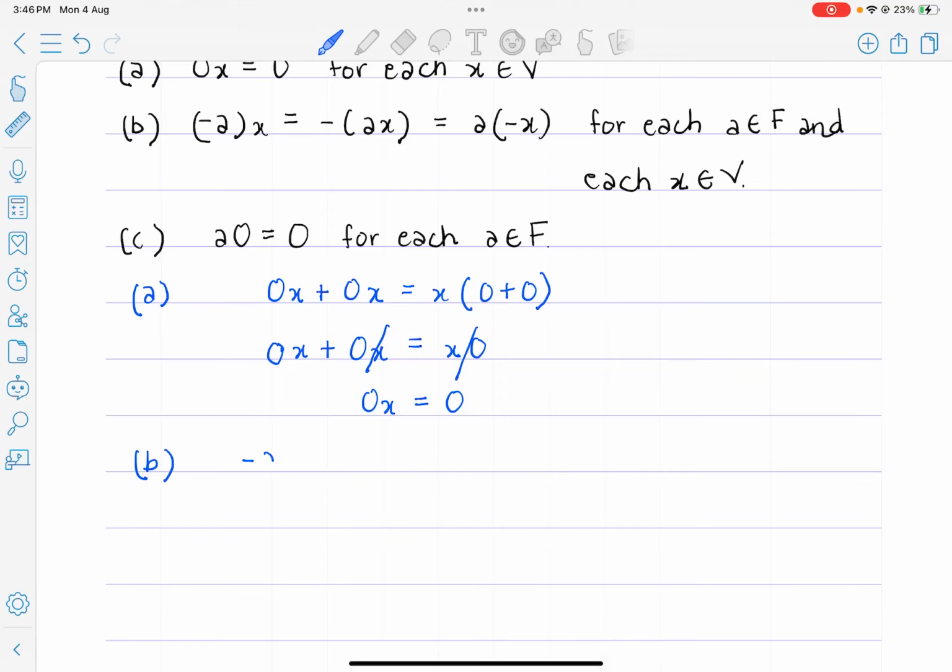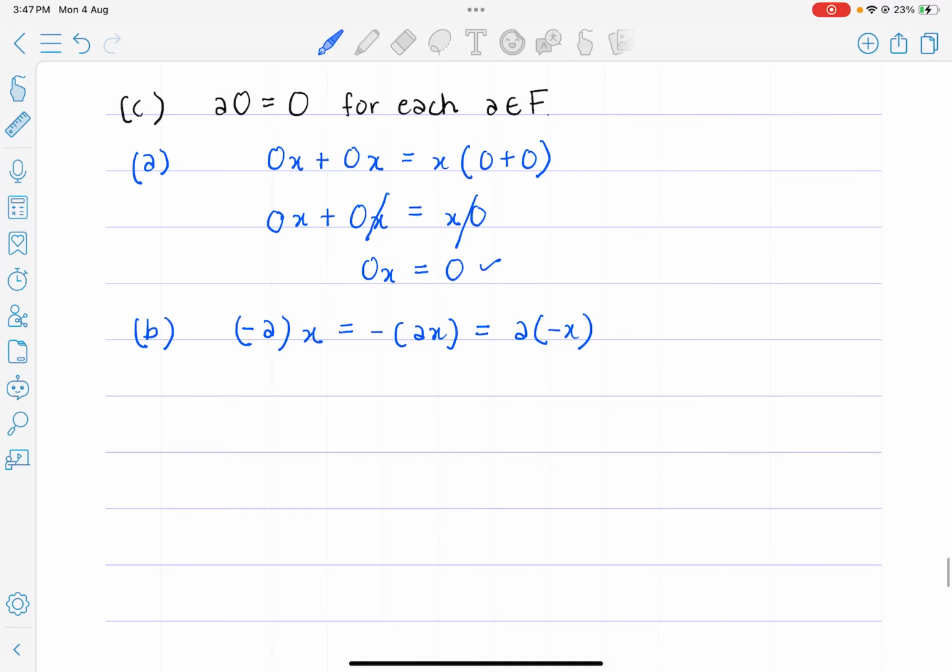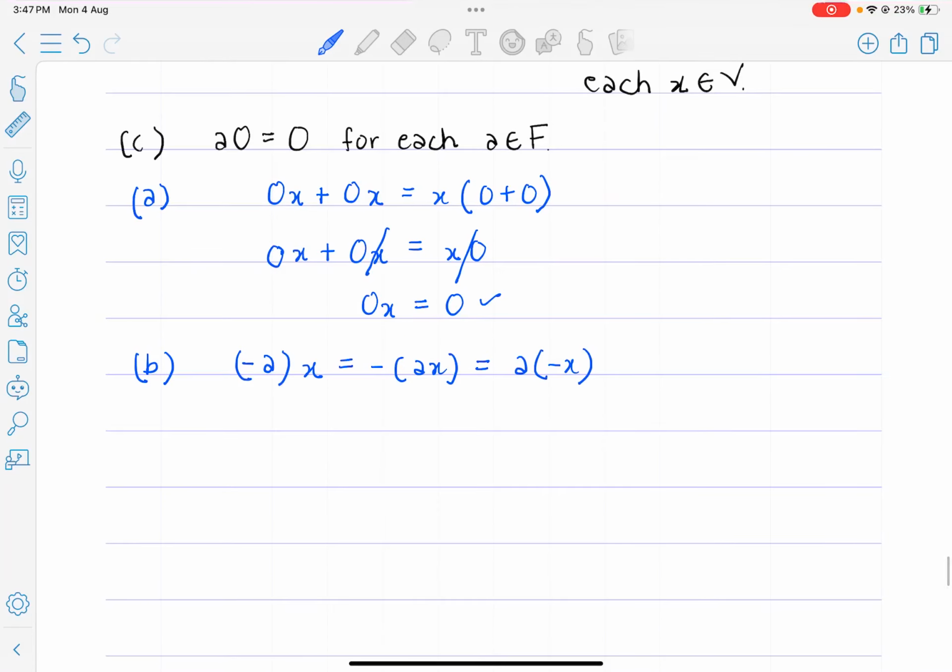Now for minus ax, how do you do this one?